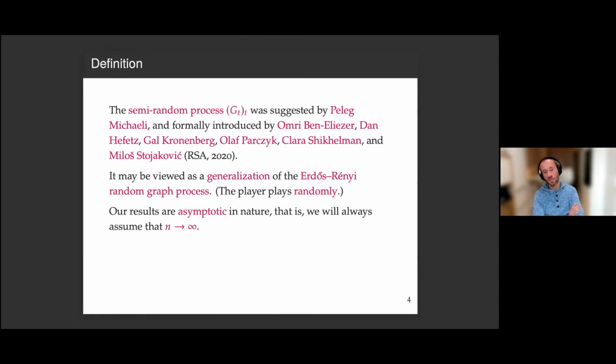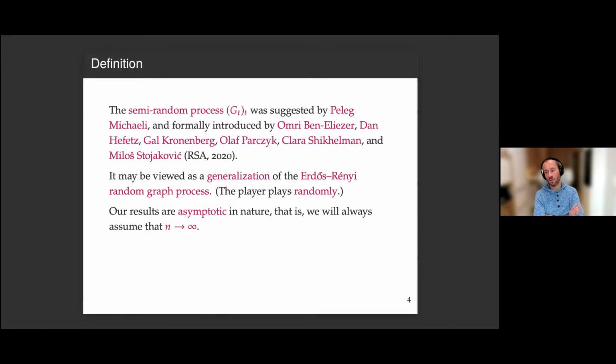I'll show examples like that in a second, but the idea is that I will be able to mimic some of the well-known processes, including, of course, the classical random graph process.